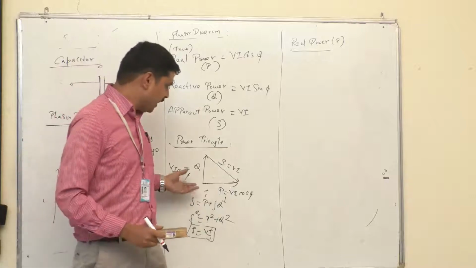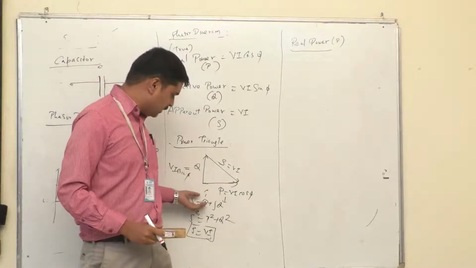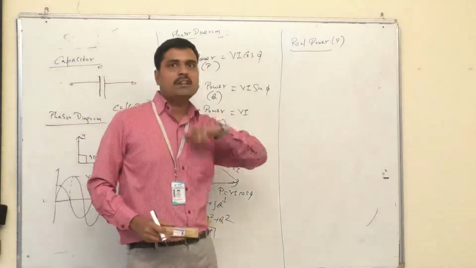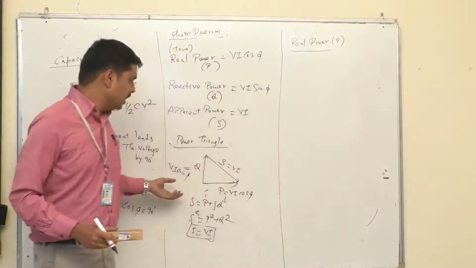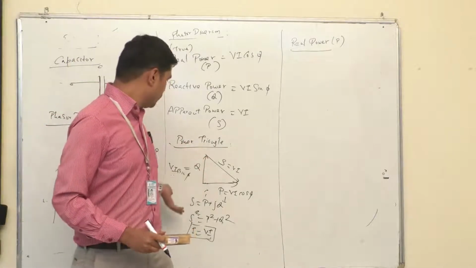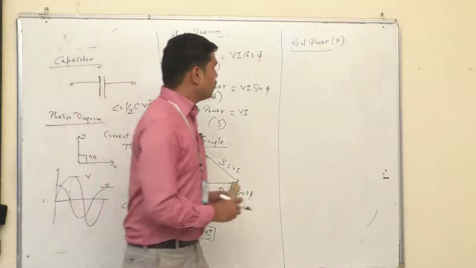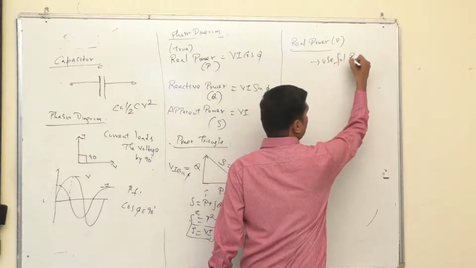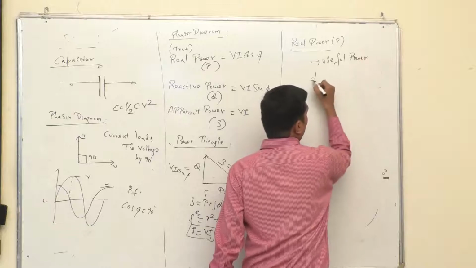Like that, the real power is what we are transmitting. The reactive power is what is absorbed, and what is delivered to the load is the apparent power. So S is VI, and real power is the useful power delivered to the load.